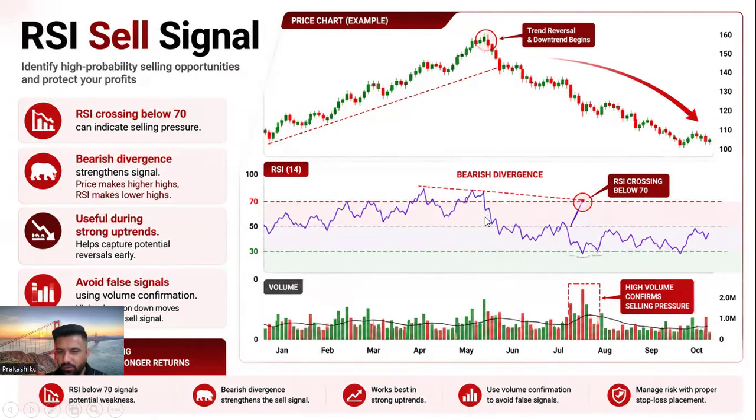It is crossing down, and after that there is a full downward move. This is a potential reversal in case of a downtrend, with RSI crossing below 70. It indicates high pressure on the price to come down. So that is the basic understanding of the RSI buy zone and RSI sell zone.